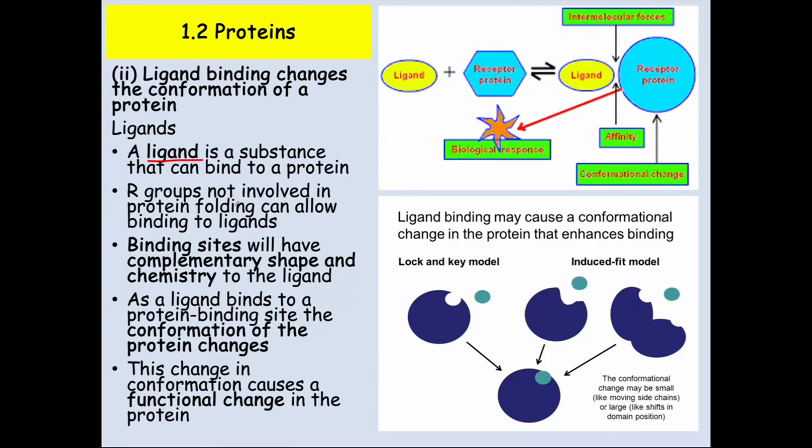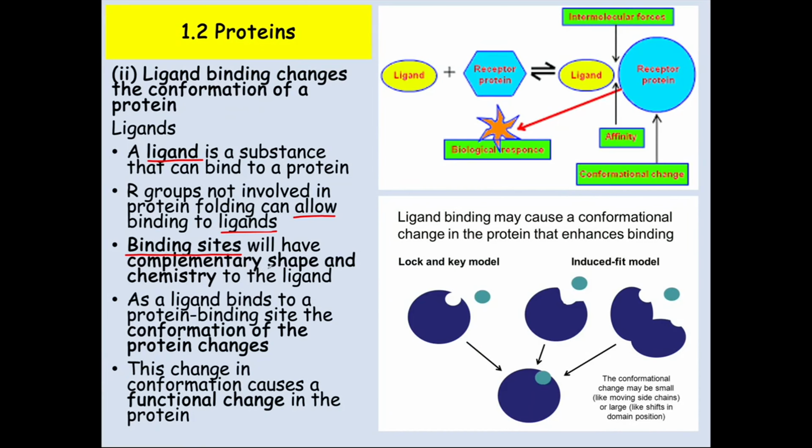R groups not involved in the protein folding, in the three-dimensional shape that arises from all the initial folding, those R groups can allow binding to ligands. So the R groups that are not involved in protein folding are involved in binding to ligands. And what they have is these binding sites. You'll remember we talked about an active site on enzymes.